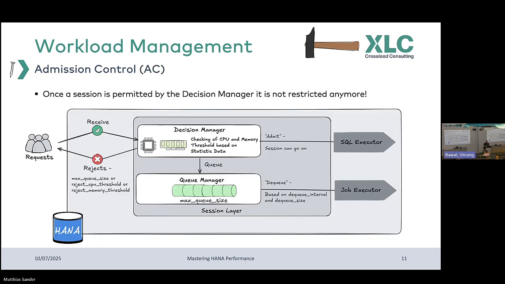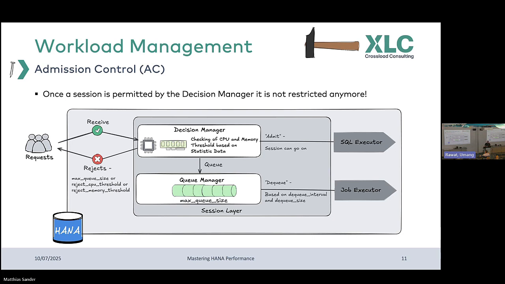Admission control: we also tried to show a little bit how it works. You have the request coming from outside, going to the system, and in the decision manager the decision is made: what should be done with the upcoming session? These decisions are triggered by the thresholds, and the information comes out of the statistic data of HANA inside.